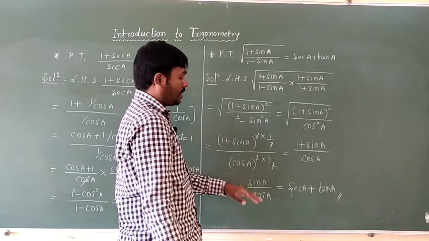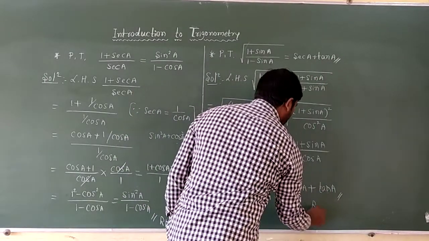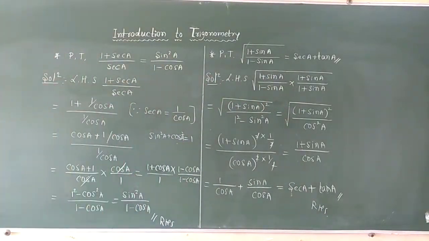Cos a by sin a is cot, sin a by cos a is tan. Hence the proof. This is the RHS. Okay, let us go for the next problem, the third problem.